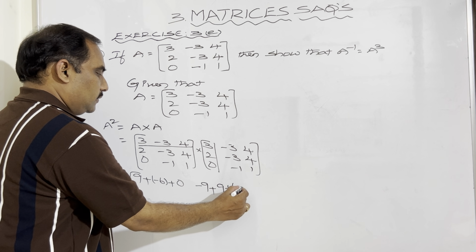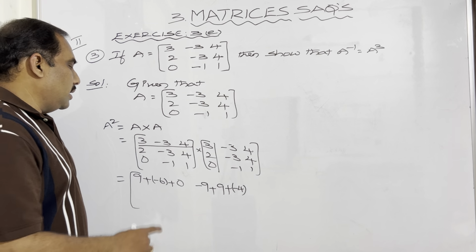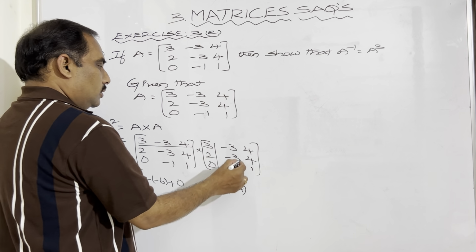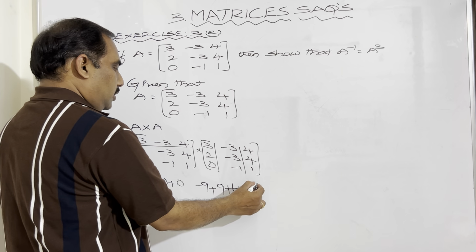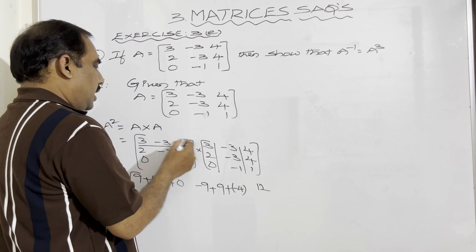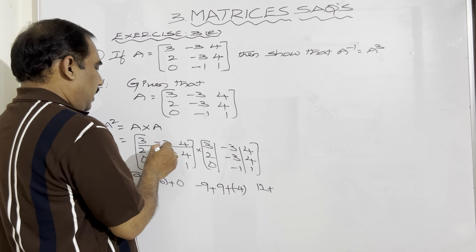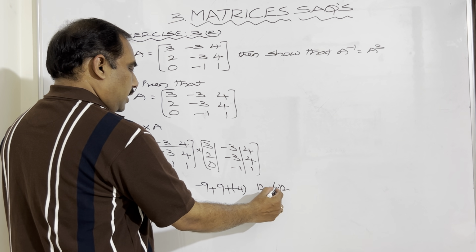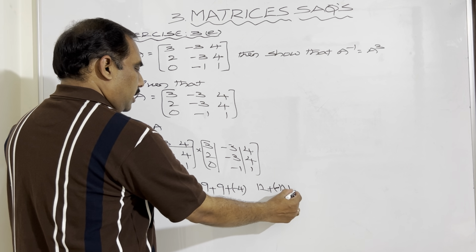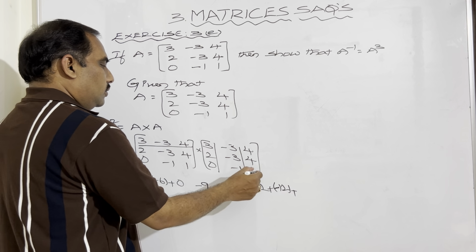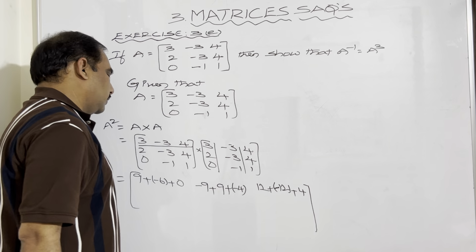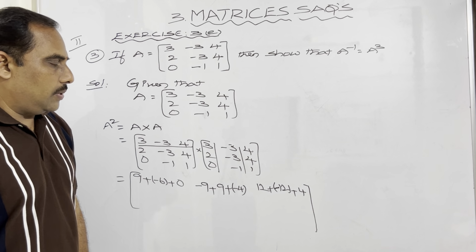First row, third column: 3 into 4, that is 12, plus minus 3 into 4, that is minus 12, plus 4 into 1, that is 4.